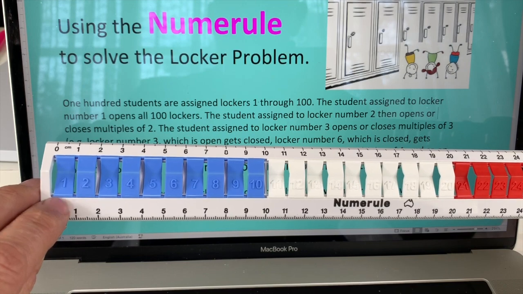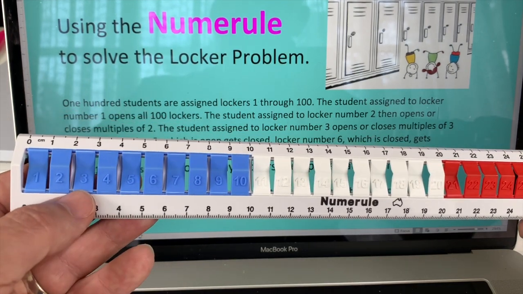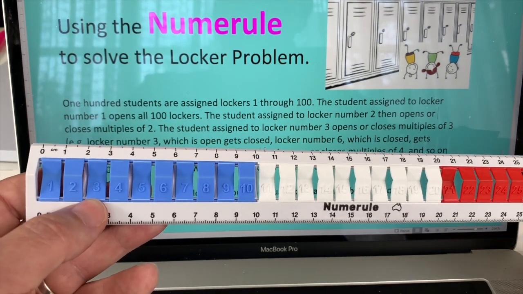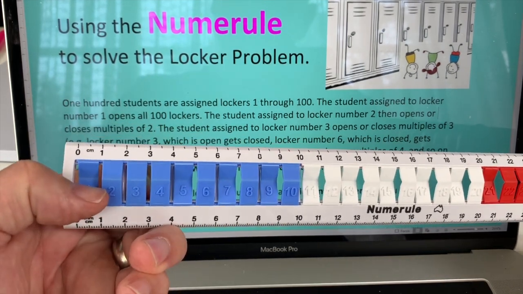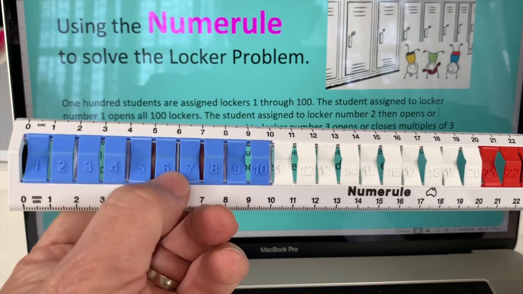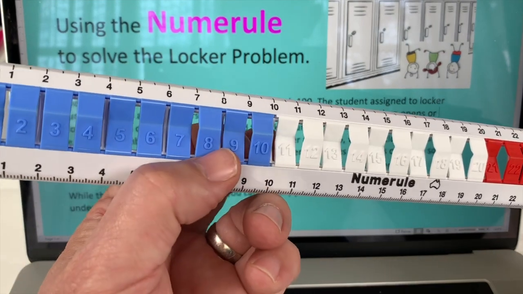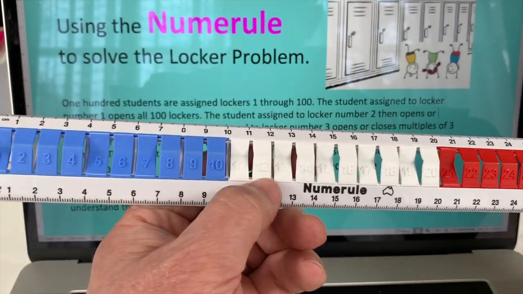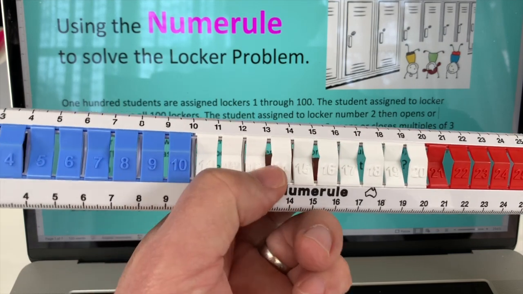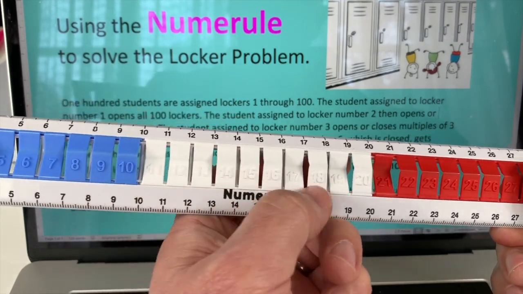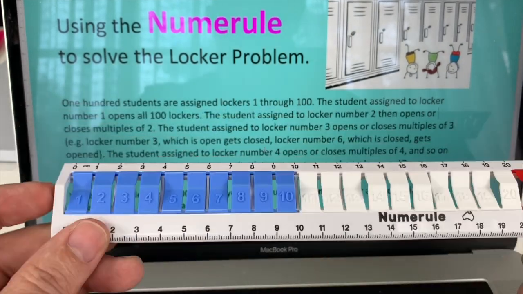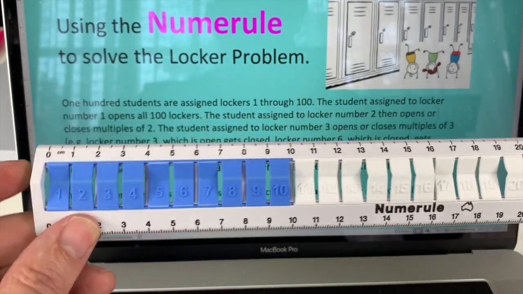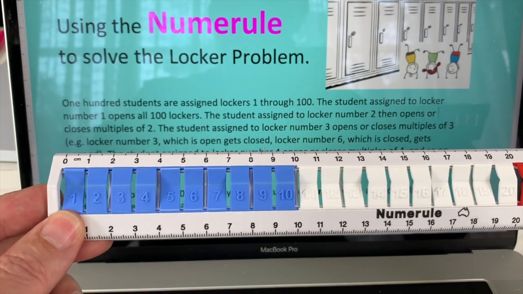The third student comes along and only at multiples of 3 either opens or closes the lockers, depending on whether they're open or closed. So 3, 6, 9, 12, 15, 18, 21. So we've got quite a few doors that are opened or closed here.